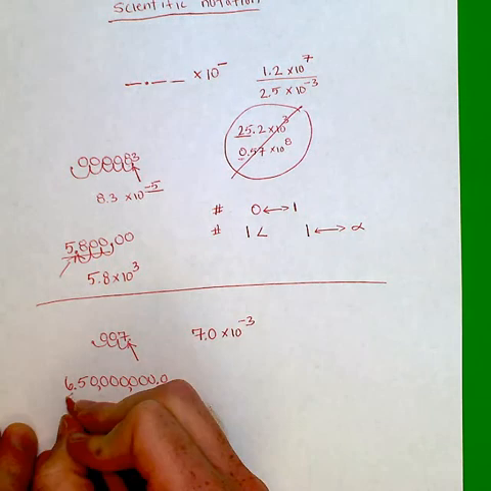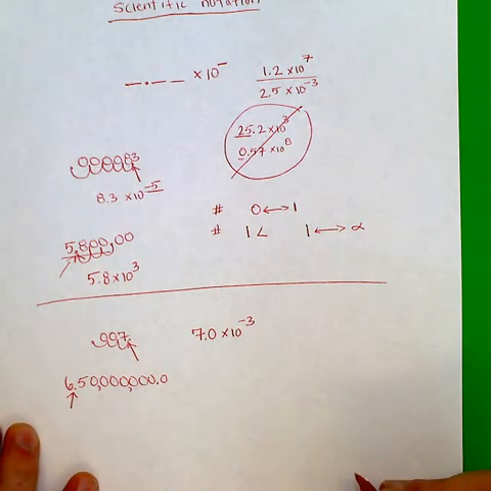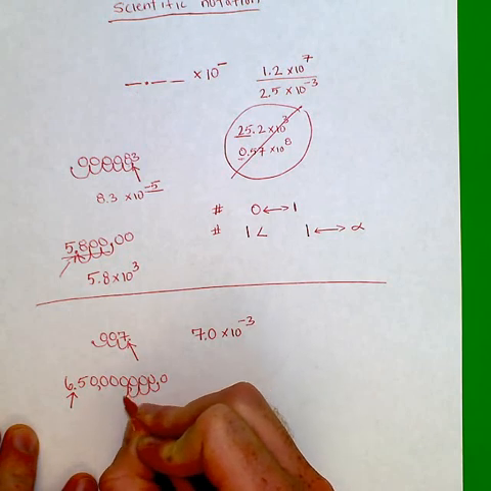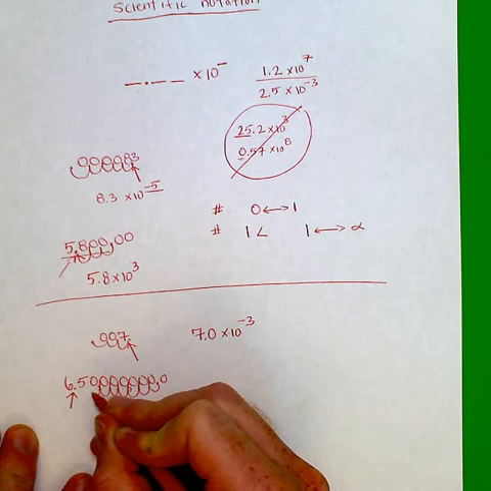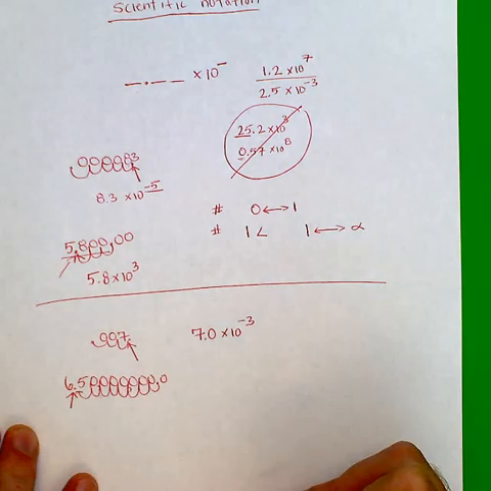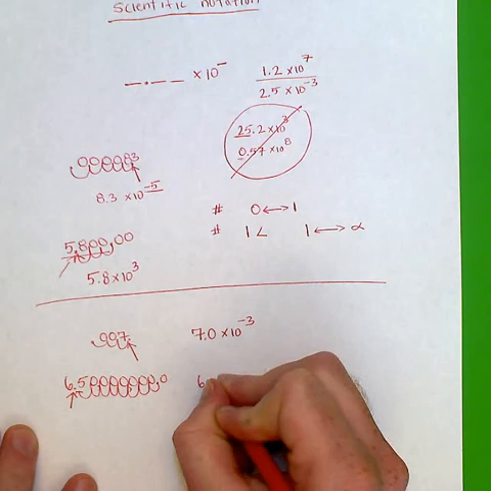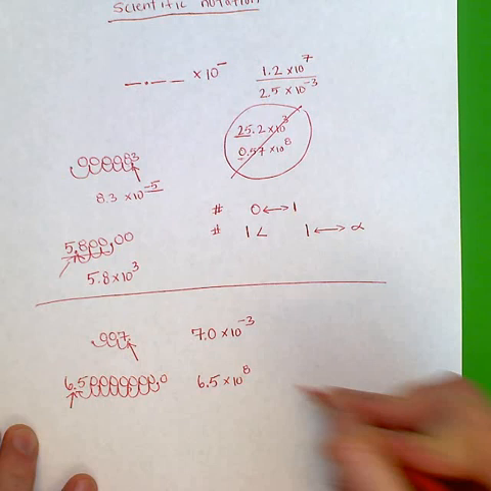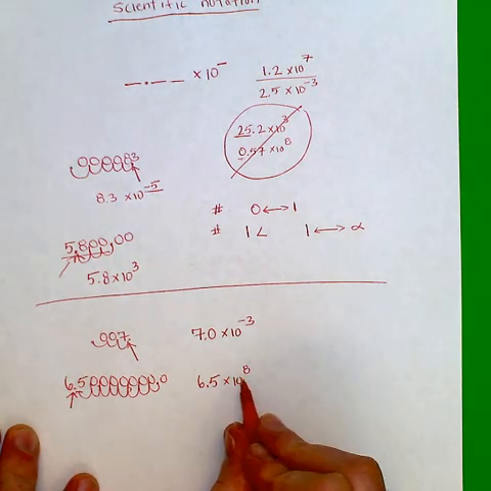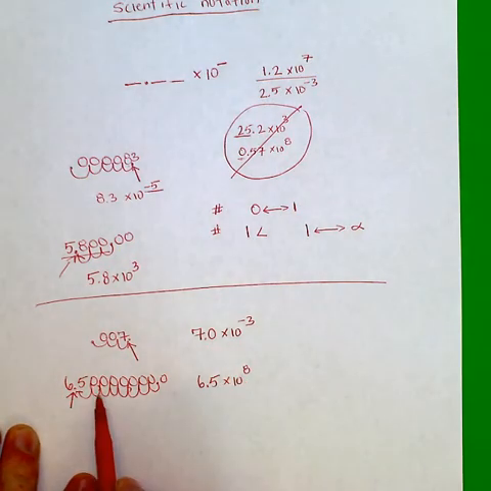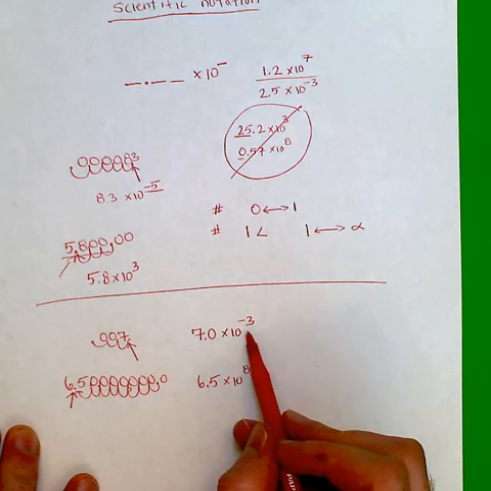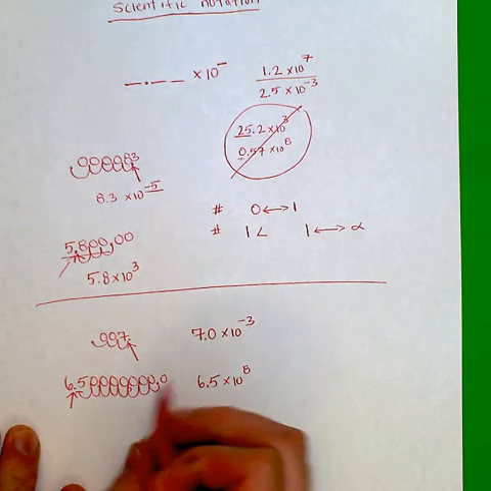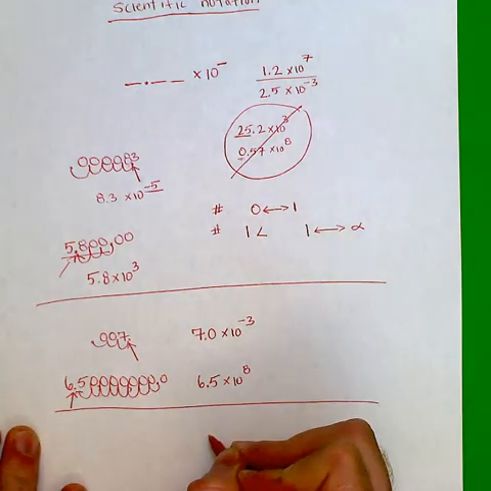This is where we want our decimal point to be if we have scientific notation, and so we need to move this 1, 2, 3, 4, 5, 6, 7, 8 spots to give us 6.5 times 10 to the 8th. Positive exponent because our number is bigger than 1. Here it's negative because our number is less than 1. Okay? And so hopefully that will help you to do scientific notation.